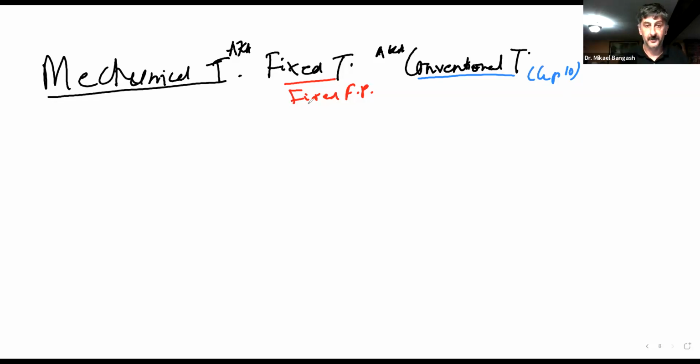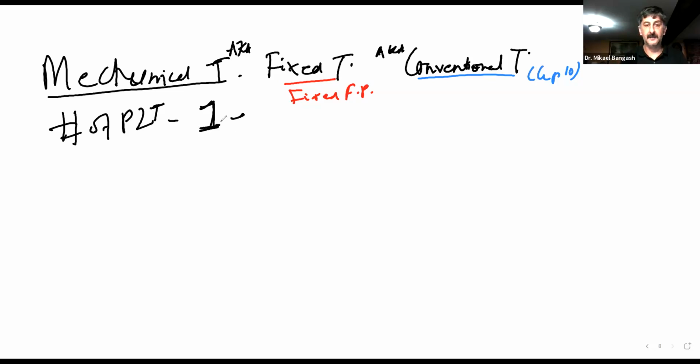So first things first, the number of PCTs for this transducer is just one PCT. This transducer only has one single PCT. It's not going to have 2, 3, or 4. It just has one PCT.